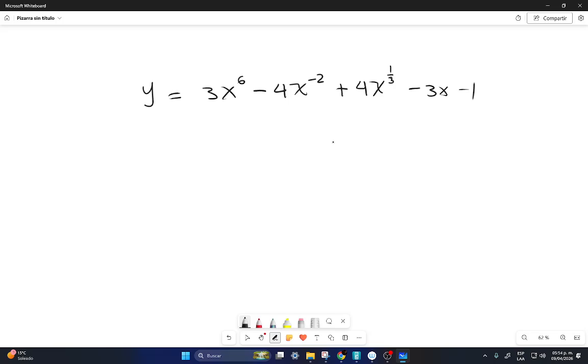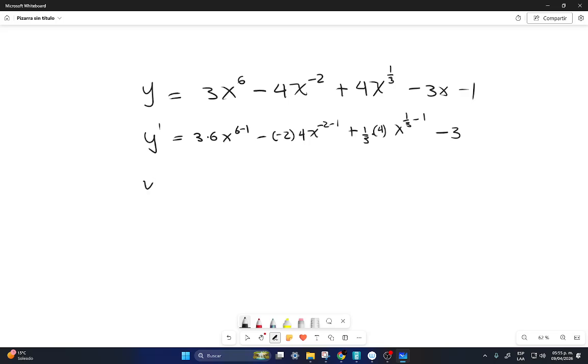Okay? Yeah? So the derivative would be 3 times 6 times x^(6-1), minus negative 2 times 4x^(-2-1), plus 1/3 times 4x^(1/3-1), minus, remember, when the variable is linear, you just leave the coefficient and the constant will disappear.